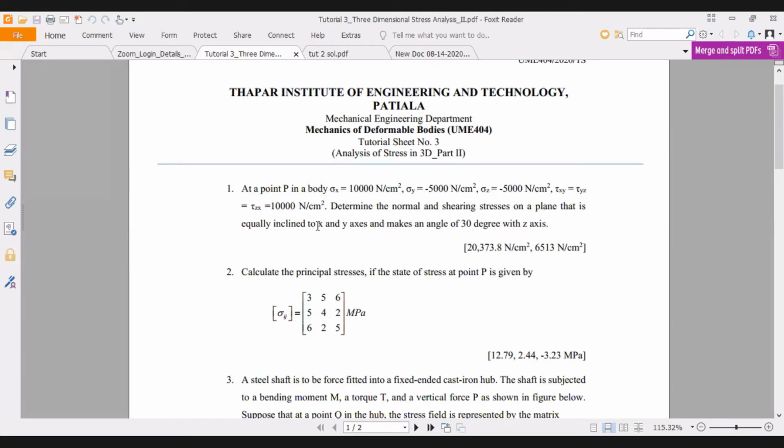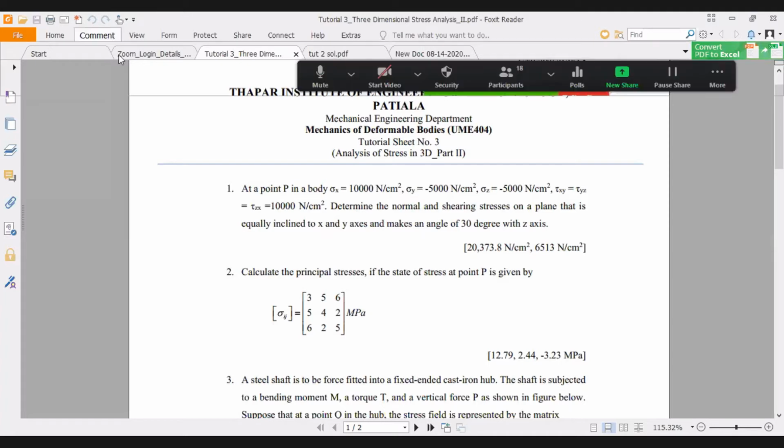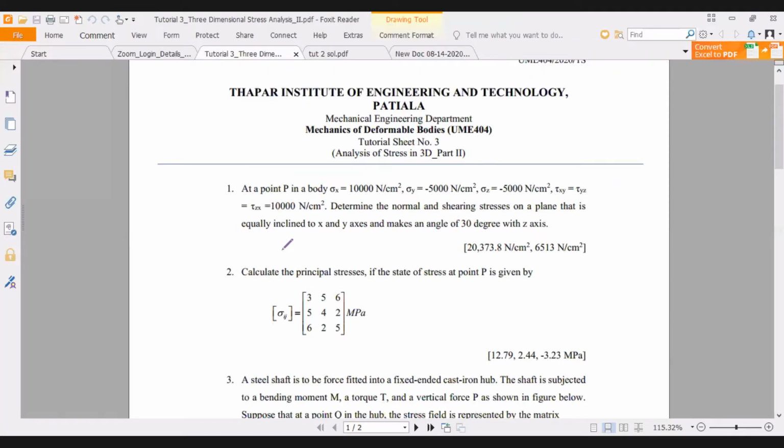If you know the direction cosines of the normal to that plane, that is nx, ny and nz, then you can easily calculate the normal and shear stresses in that plane. So the tricky part of this question is to determine the direction cosines of the normal to that plane.